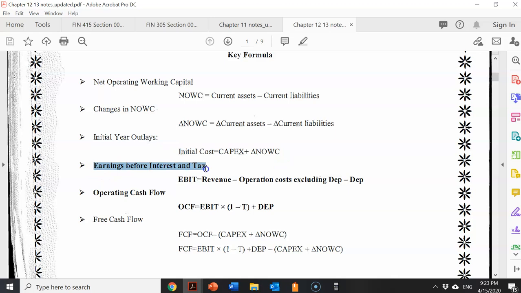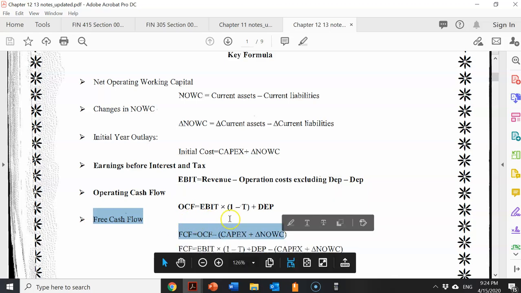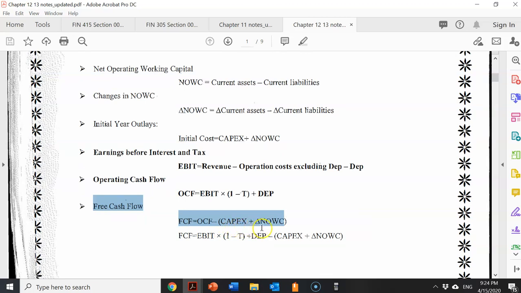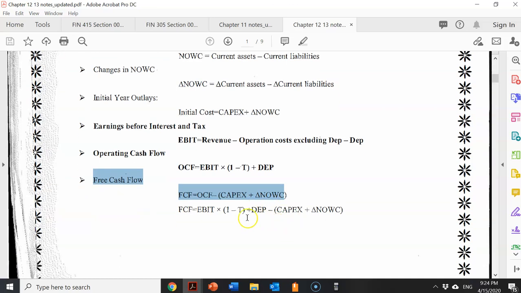And the earnings before interest and taxation, EBIT, will be the revenue minus operation costs excluding depreciation minus depreciation. The operating cash flow would be the EBIT multiplied by 1 minus tax rate plus depreciation. So the free cash flow would be the operating cash flow minus the sum of capital expenditure plus delta, or change in, net operating working capital.